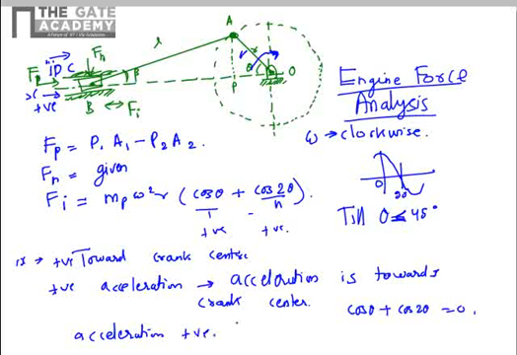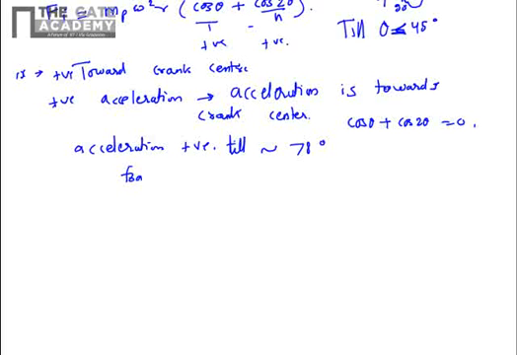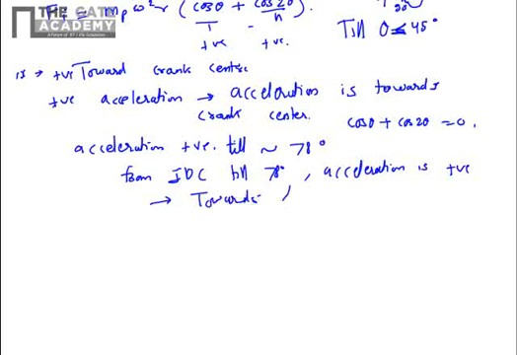That value we saw in our earlier numerical example is somewhere near 78 degrees. So till 78 degrees from the inner dead center, acceleration is positive, that means towards the crank center.